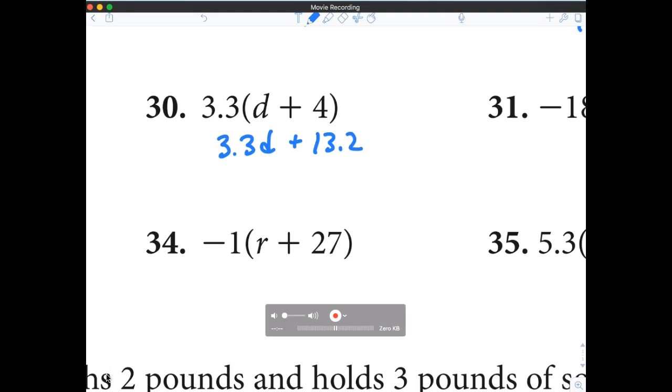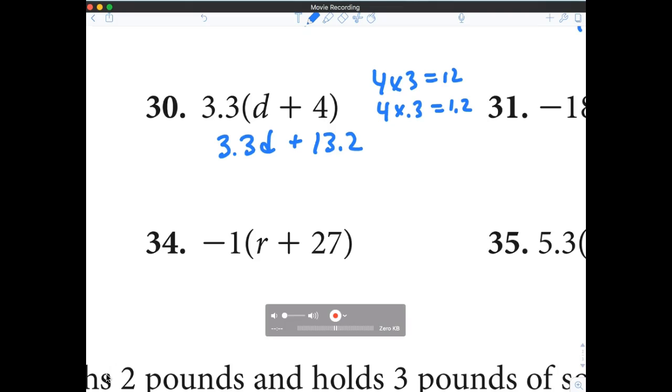So you could be saying 4 times 3 is what? 12. And 4 times 0.3 is 1.2. 12 plus 1.2, 13.2. Everybody good? 4 times 3 is 12. That's 1.2. You agree? Yeah.